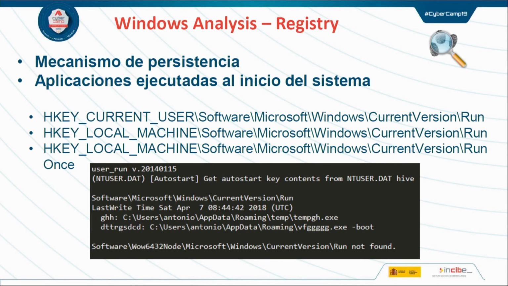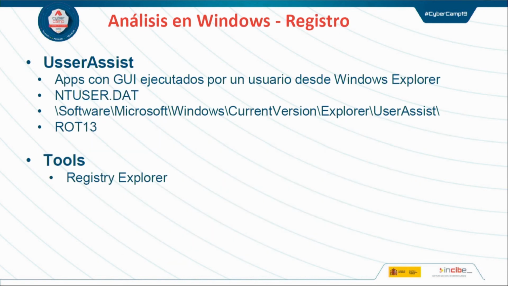Is there persistence when there is an infection with malware? Yes, there is persistence because it has written the registry key such and such, and every time the system is rebooted, the malware is going to be executed. So here's another thing that we found of the trace that the malware has been leaving.